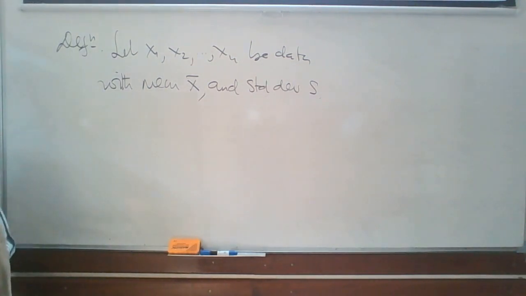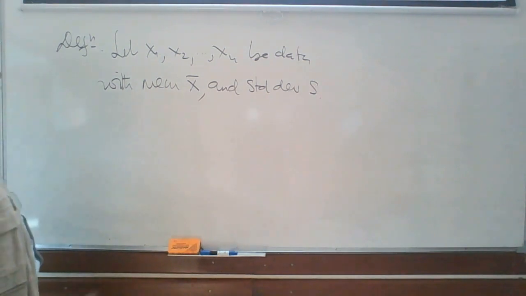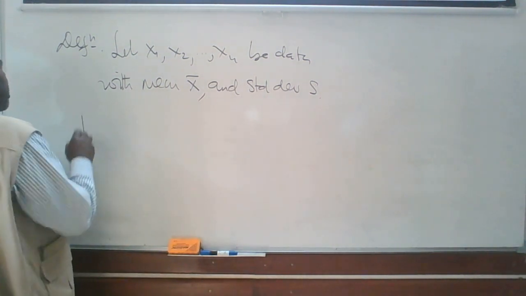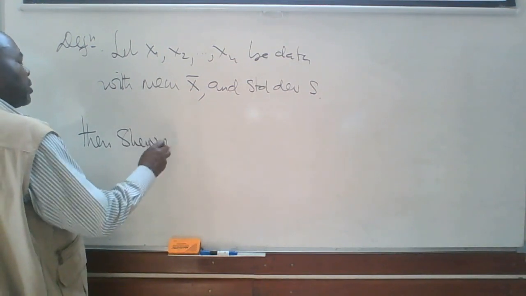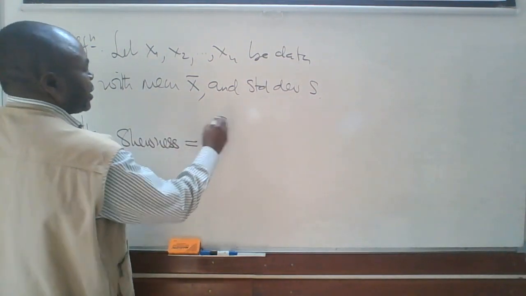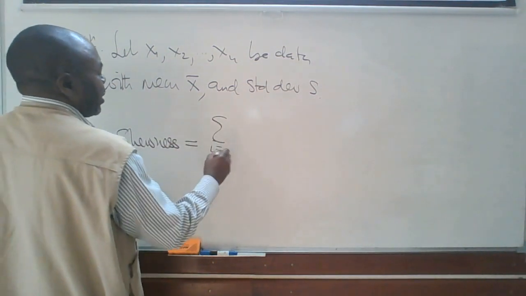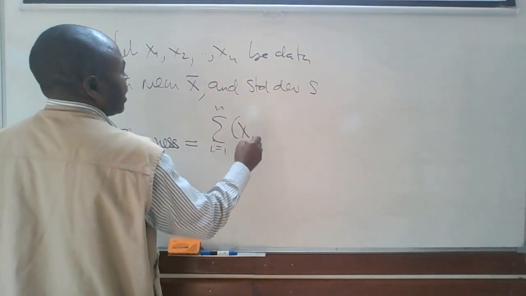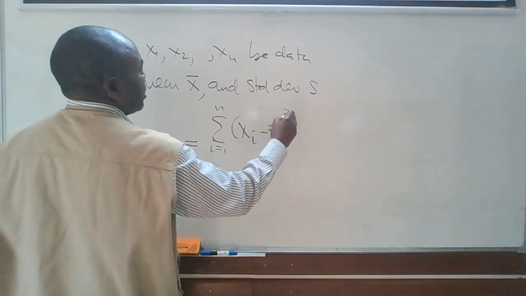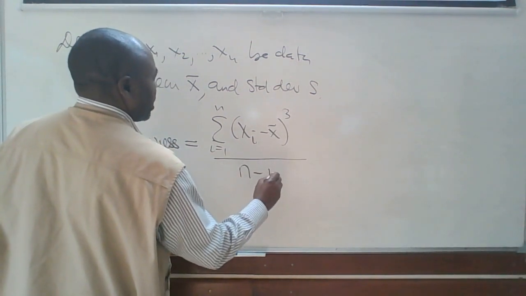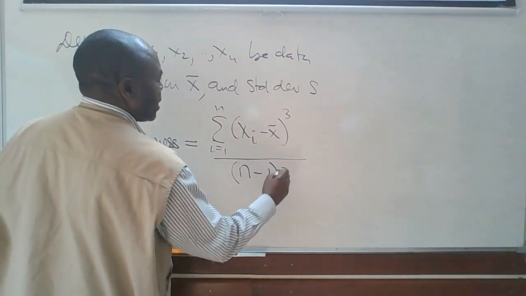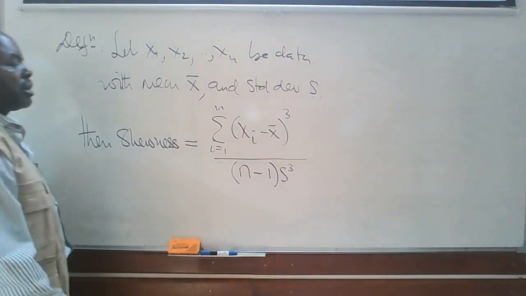Then skewness can be defined as the summation, i running from 1 to n, of xi minus x bar to the power 3, divided by n minus 1 times standard deviation to the power 3.